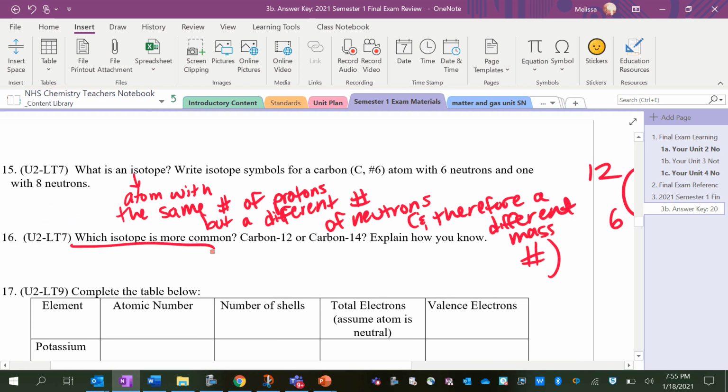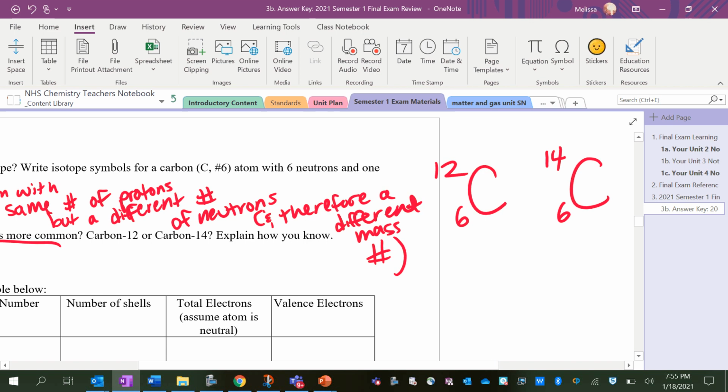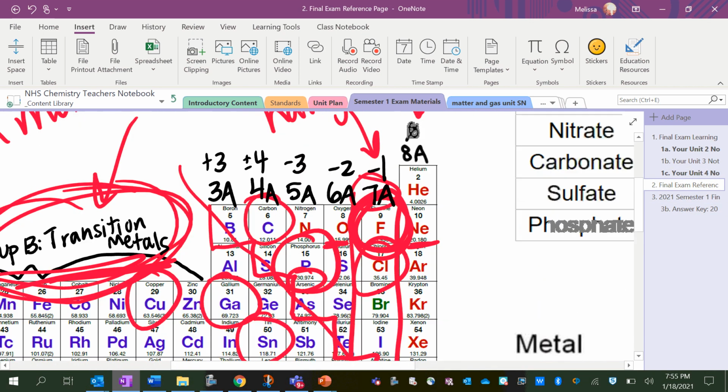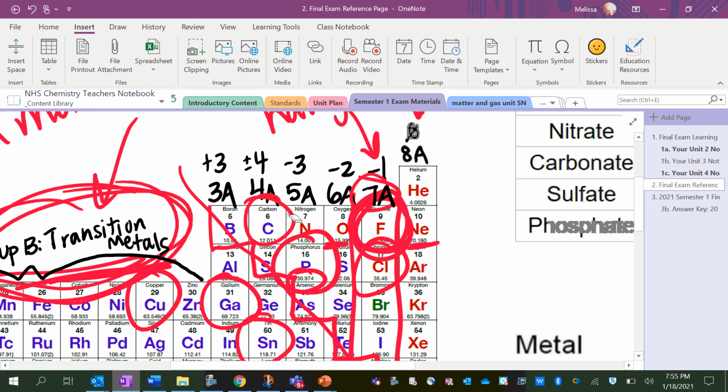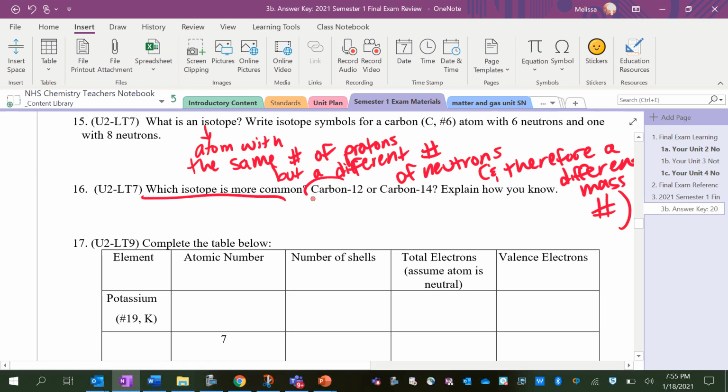Now, which isotope is more common? Carbon 12 or carbon 14? Explain how you know. Well, let's look up carbon on the periodic table and notice that its average atomic mass is 12.011. So that means that carbon 12 is the most common.